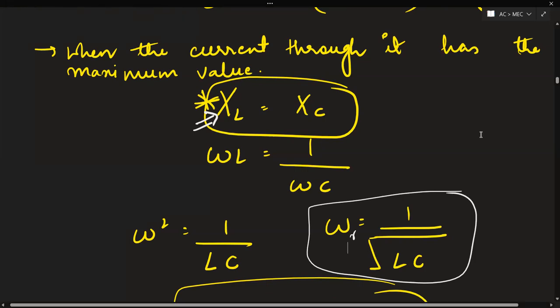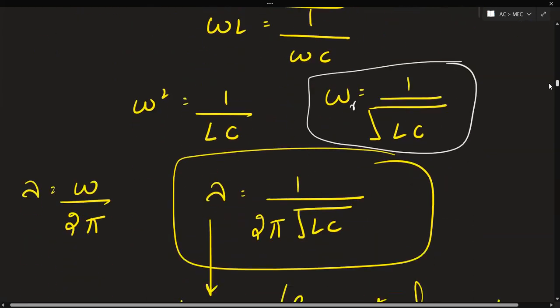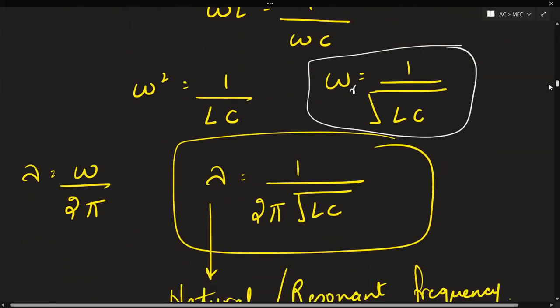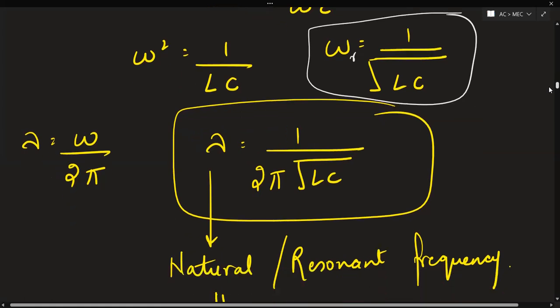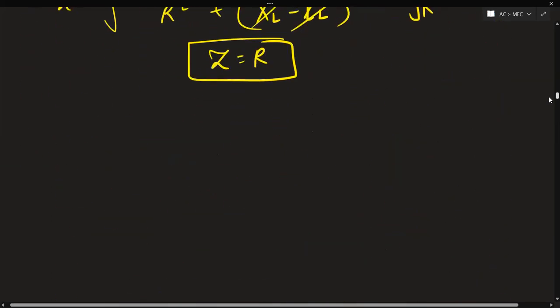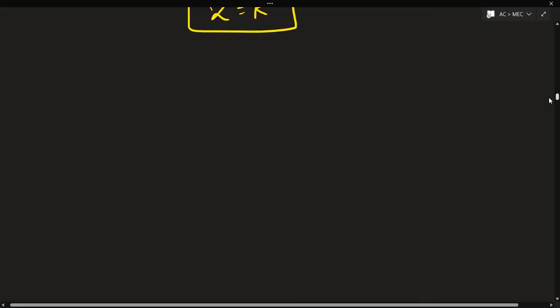That's the formula for omega. And if you want to find out the natural frequency, it becomes 1 by 2 pi under root LC. This is the natural or the resonant frequency. Here we had stopped. And what is actually meant by resonance? Resonance is basically the condition where the current's value becomes maximum.